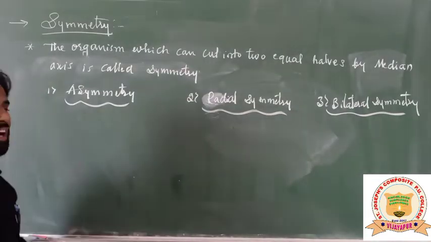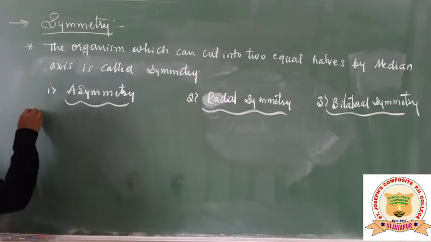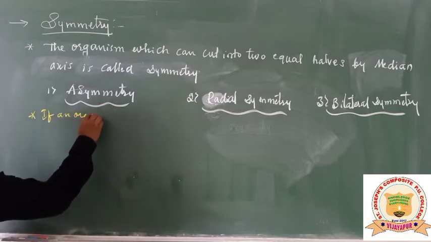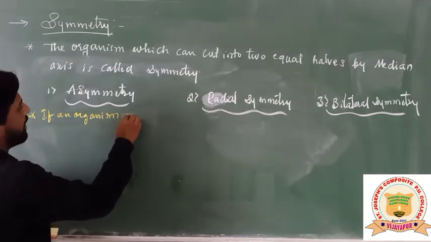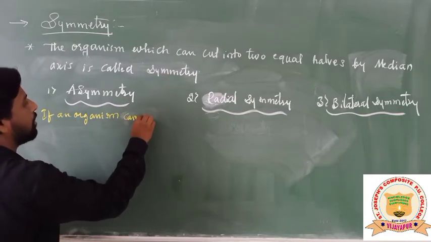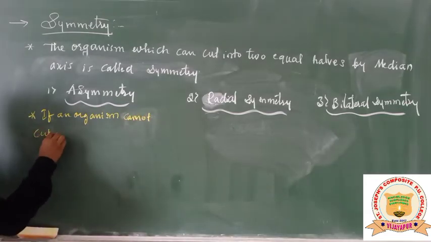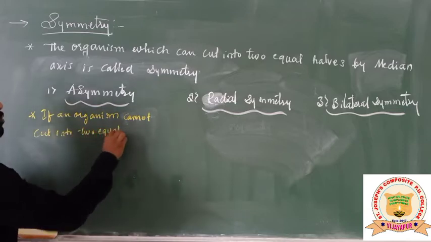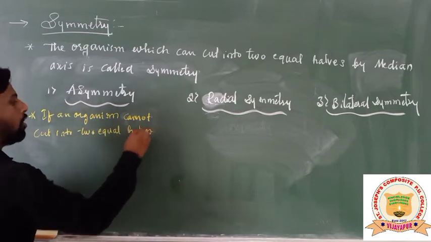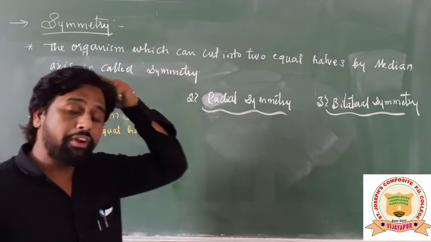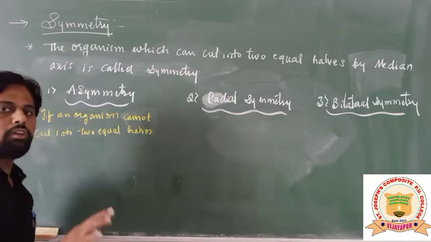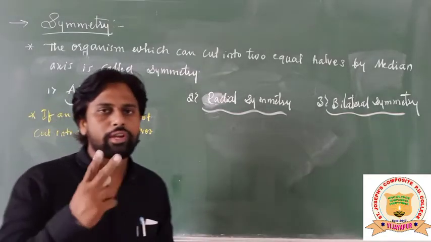Now, what exactly does asymmetry mean? As I already said, if an organism cannot be cut into two equal halves. So in asymmetry, we don't get two equal halves. Any individual, if you cut from the median axis, you don't get two equal halves.